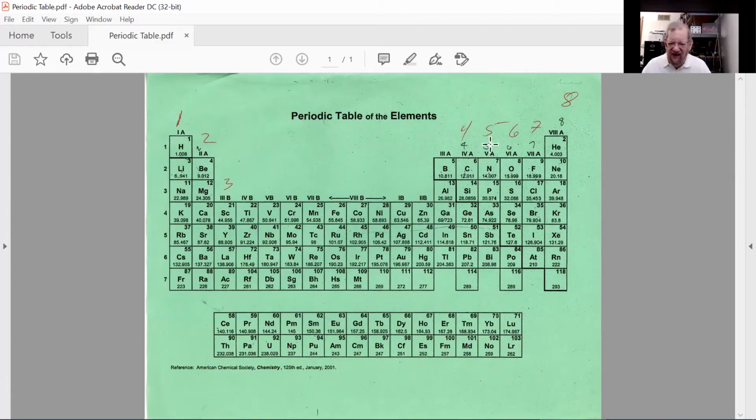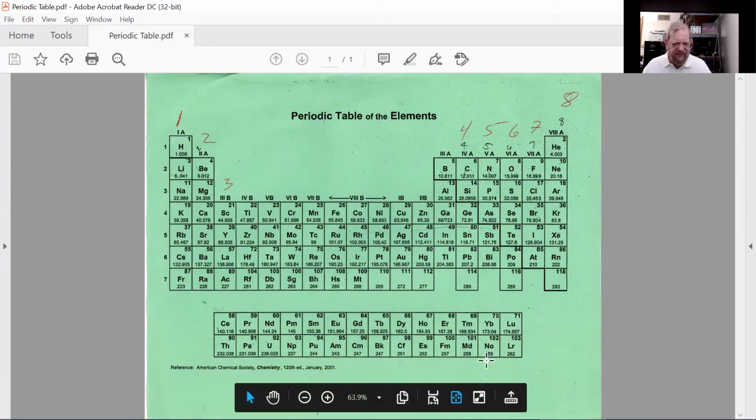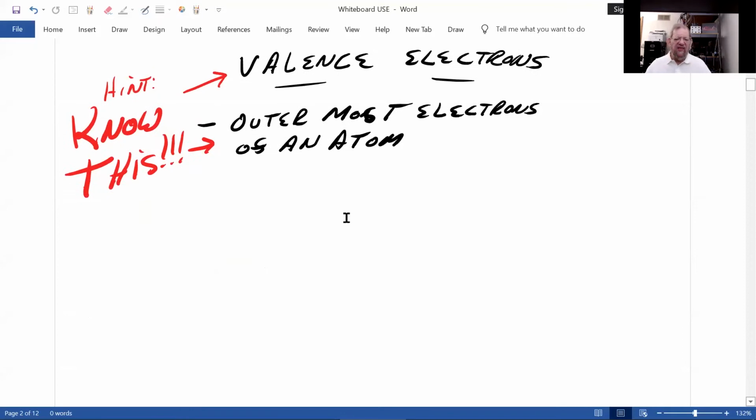And nitrogen has 5, oxygen 6. Oh, I like chlorine, 7. And let's do neon, which is a noble gas, has 8. VIII is Roman numeral 8, but I also wrote it in both black and red. And therefore, that's how you find valence electrons. Those are the outermost electrons. Now, an important concept, and we'll learn more about why this is important, is let's get back to black.